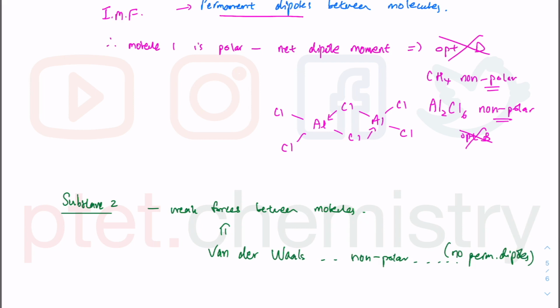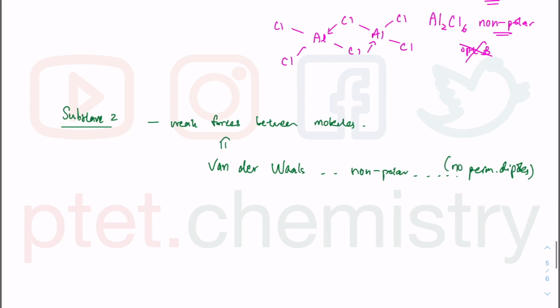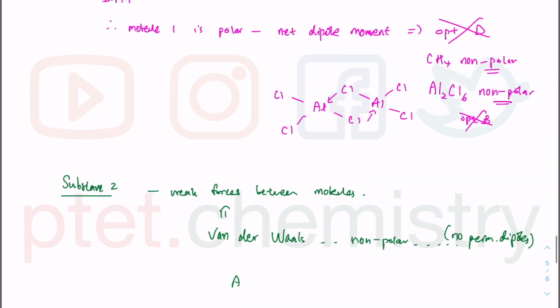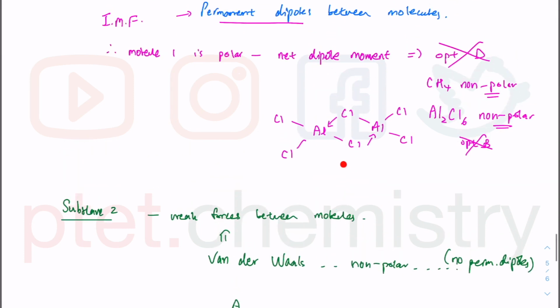So like I said, just now D and B are crossed out. So I'm looking at options A and option C. So am I correct? Let me see. I might be wrong actually. B and D are out. Al2Cl6 and CH4. I think I must be wrong then, okay? Actually, I might be correct because I did say they are non-polar, right?